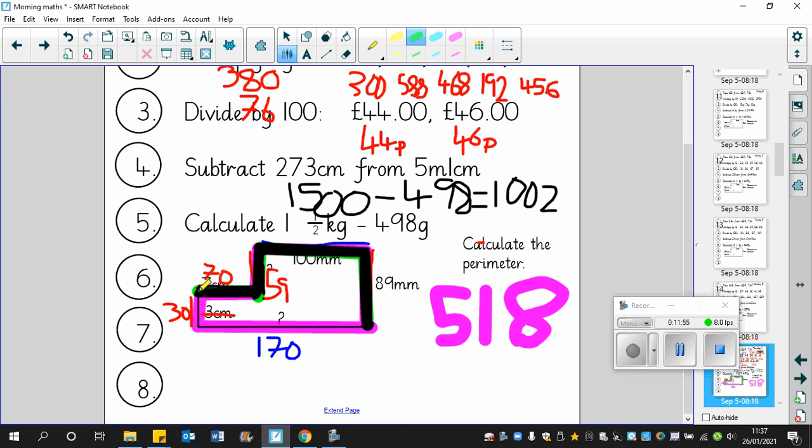Oh, this is looking good. 318. Let's write this down now. 318.